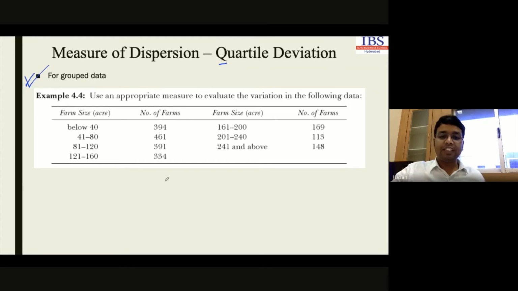So you just apply this formula: L plus h times (n by 4 minus CF) divided by f. Oh sorry, this is f into h, and you can get the different quartiles: first quartile, second quartile, and third quartile.